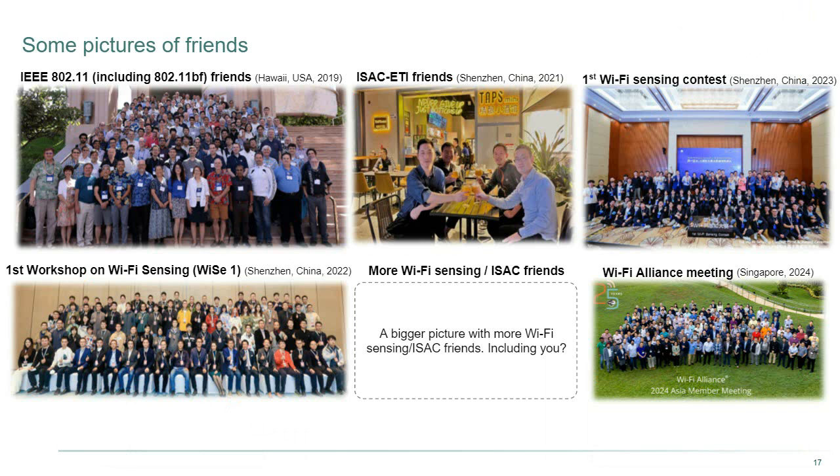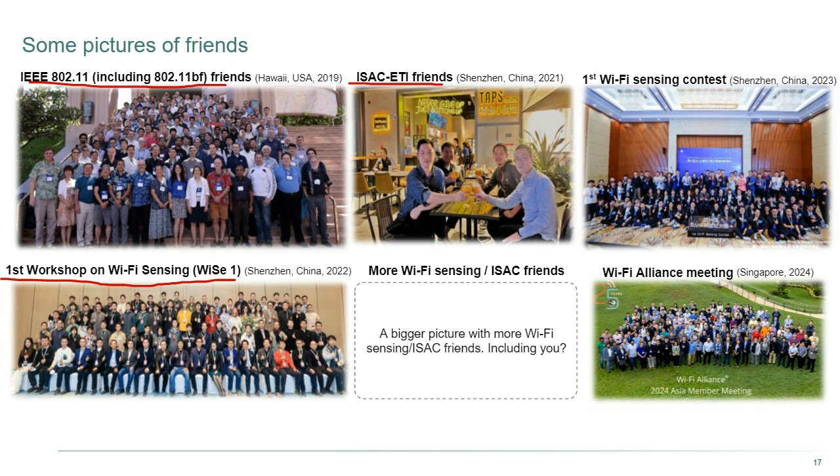All right, so last slide. Some pictures of my friends. The first one is the IEEE 802.11 friends, including 11bf friends, in Hawaii 2029, and ISAC-ETI friends 2021 in Shenzhen, China. And then the first workshop on Wi-Fi sensing, 2 years ago in Shenzhen, 2022.